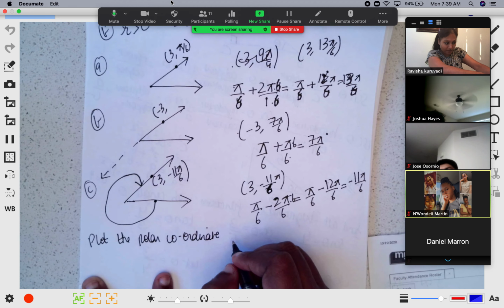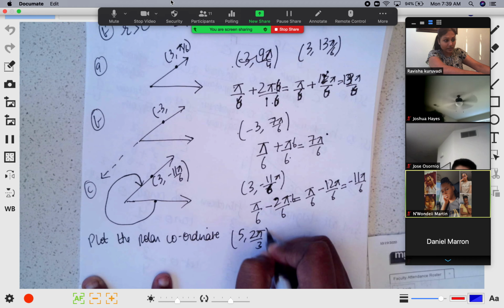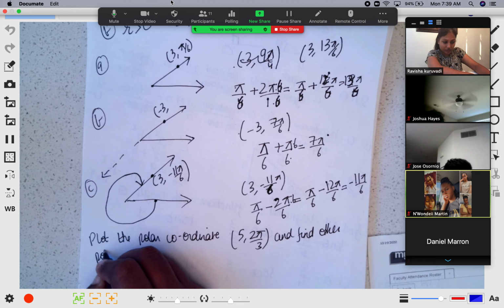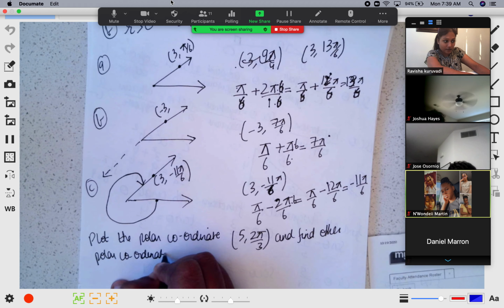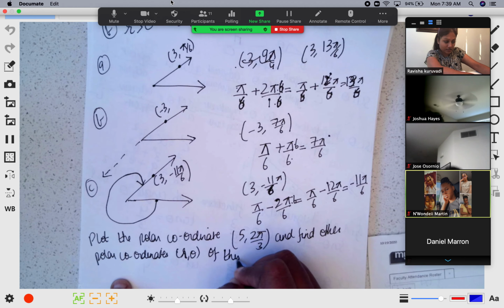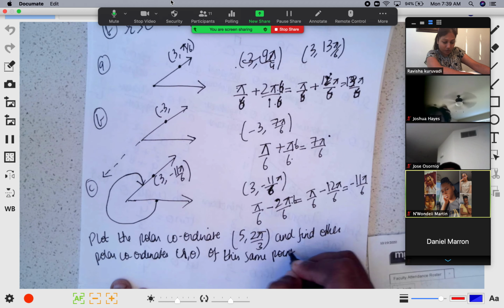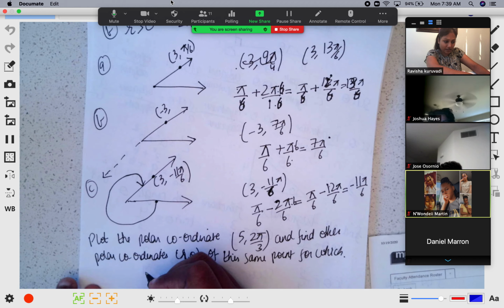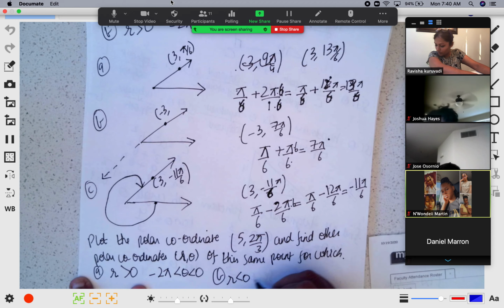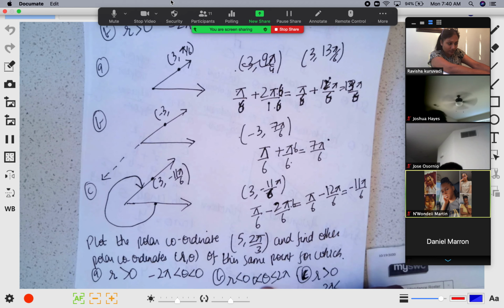You're given (5, 2 pi over 3), and they say find other polar coordinates (r, theta) of this same point for which: a, r greater than 0 and negative 2 pi less than theta less than 0; b, r less than 0 and theta between 0 and 2 pi; and c, r greater than 0 and theta between 2 pi and 4 pi.